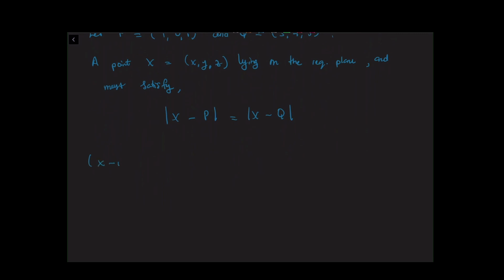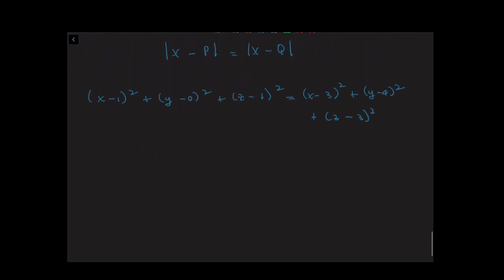So it's (x minus 1) squared plus (y minus 0) squared plus (z minus 1) squared is equal to (x minus 3) squared plus (y minus 4) squared plus (z minus 3) squared. Okay, we should expand these, simplify, and let's see if we get the same equation, right?